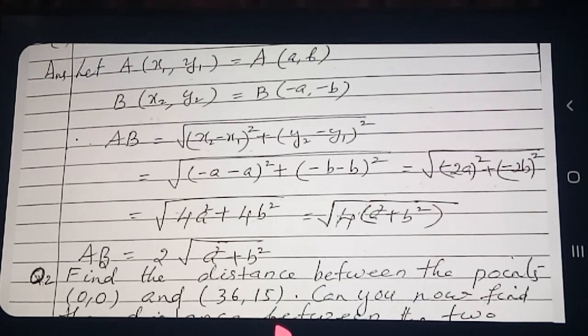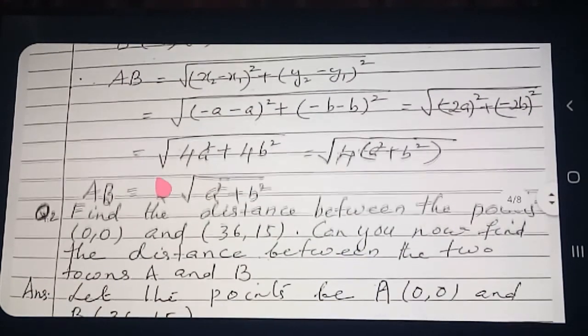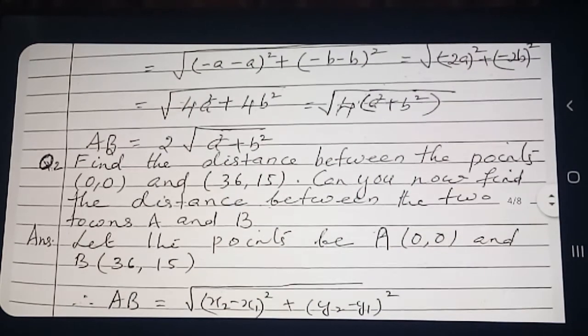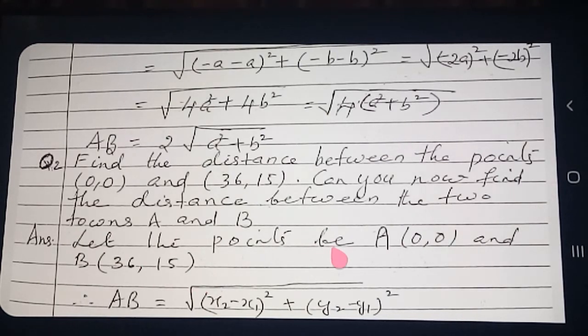From that diagram only, a simple question. You see here: find the distance between the points (0, 0) and (36, 15). So you find the distance between them. First you find the distance between them. We are given the names, that is also simple. Let the points be A (0, 0) and B (36, 15).